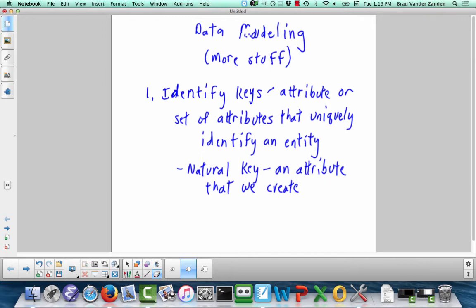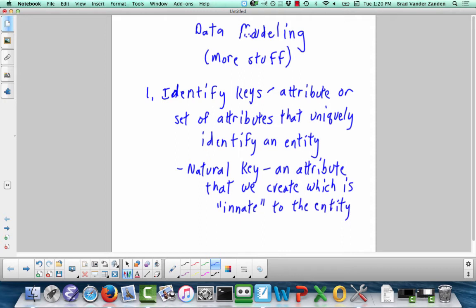So, I'll call it innate. An attribute that we create which is innate. So your name is kind of an innate attribute. Your gender is kind of an innate attribute.